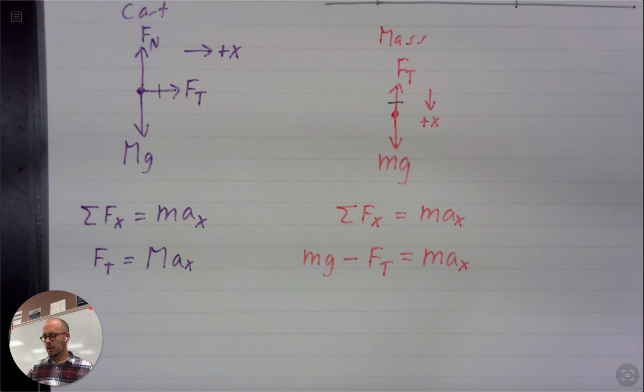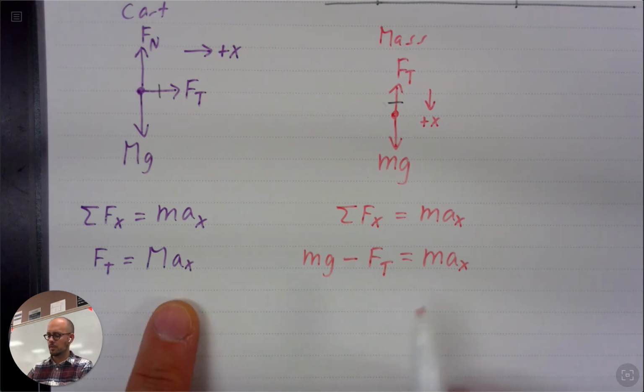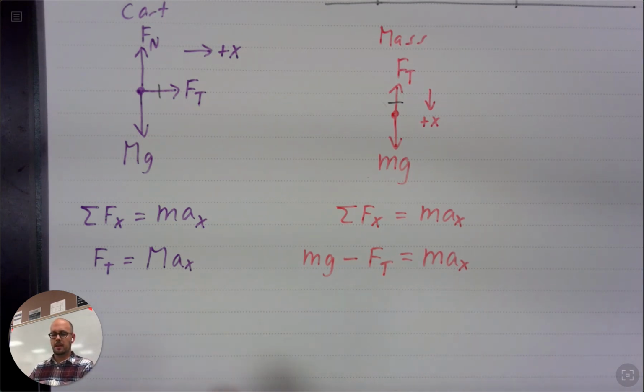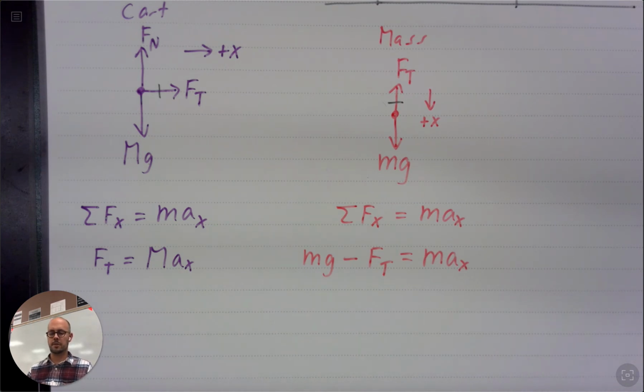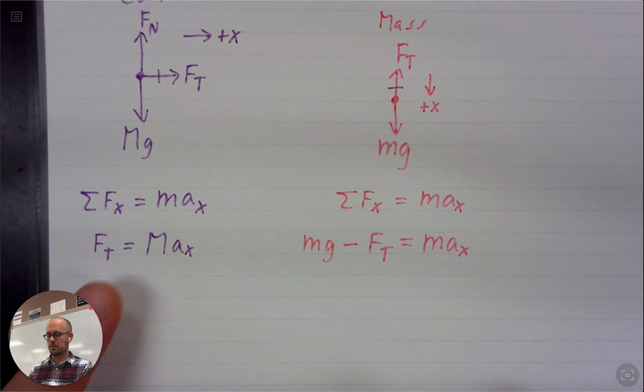And so I have these two expressions. And we're going to imagine that the question is, what is the acceleration of this system? And so I have to solve either equation for acceleration. The only bad news is I can't do that because the tension is unknown. When you have multiple objects and you're searching for a single variable, you will often run into this situation where you have two equations that you've written and two unknowns.